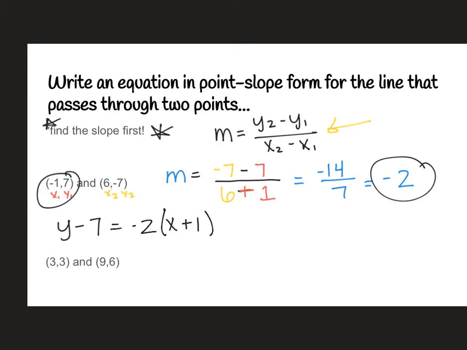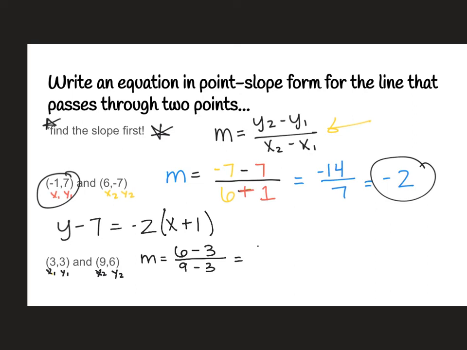So again, we have to find the slope first. We've got x1, y1, and x2, y2. And m is going to equal y2, 6, minus y1, which is 3, over x2, 9, minus x1, which is 3.